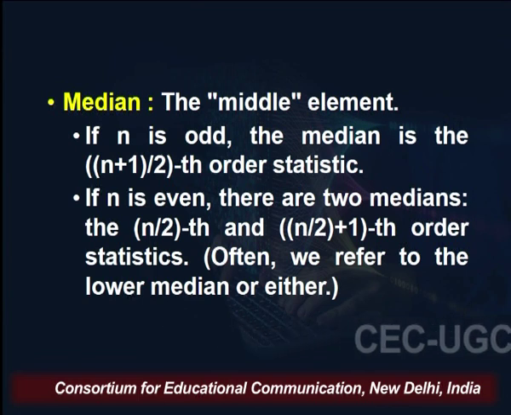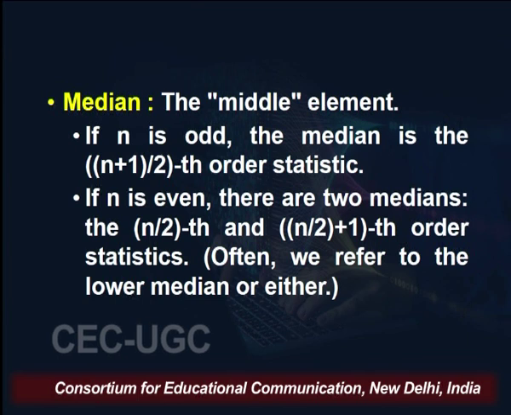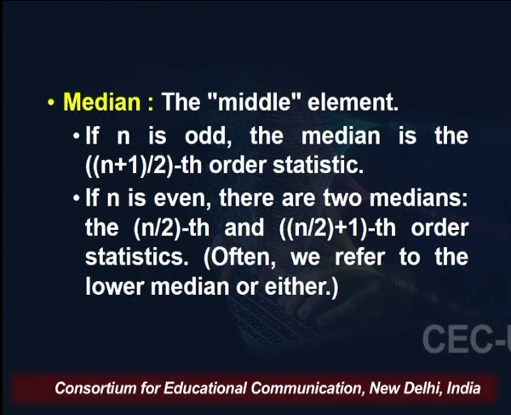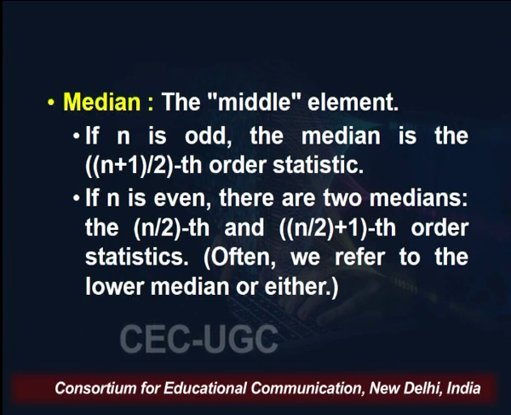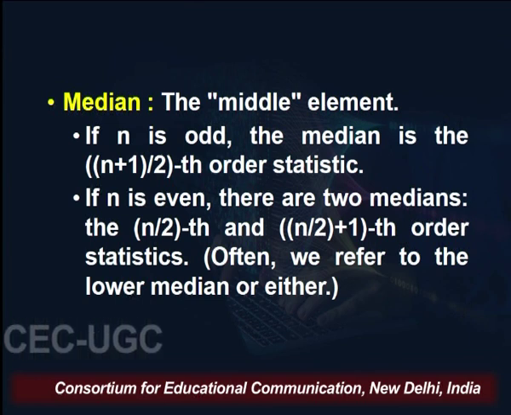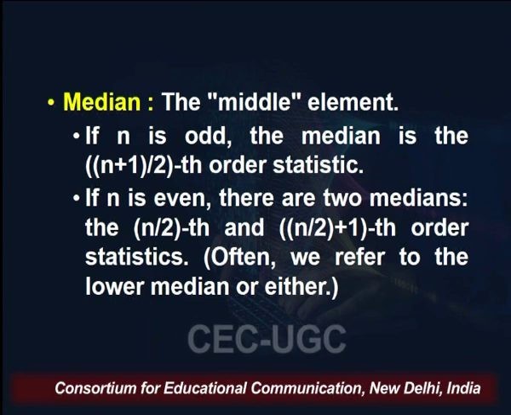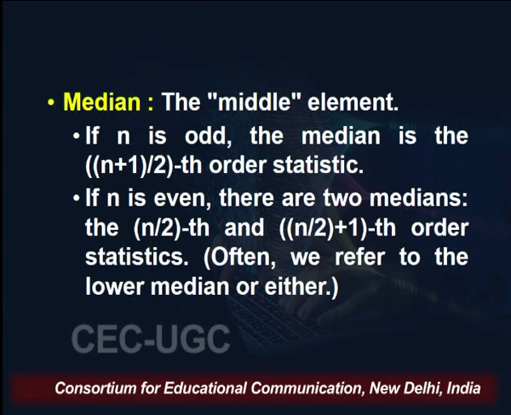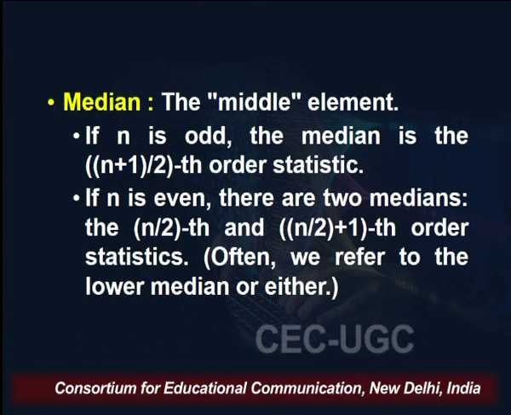Now this was the case when n is odd. When n is even, there can be two medians, often referred to as the lower median and the higher median. So if the size of the array is 10, the 5th and 6th elements are both medians. The 5th and 6th order statistics are both medians.